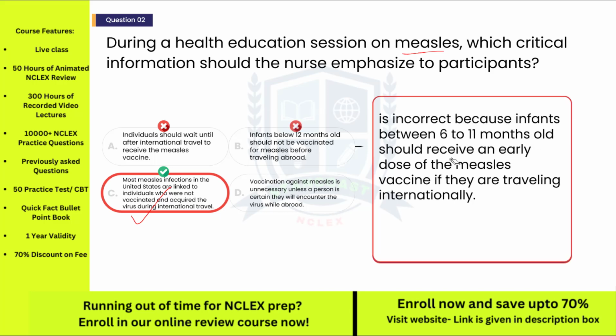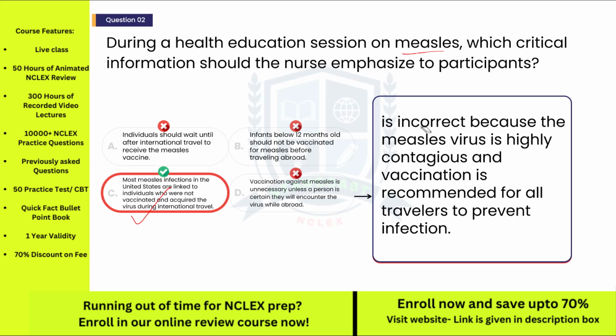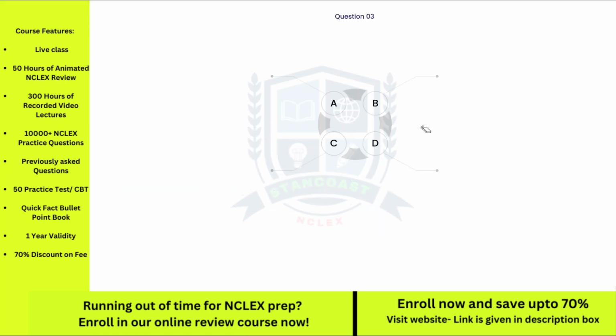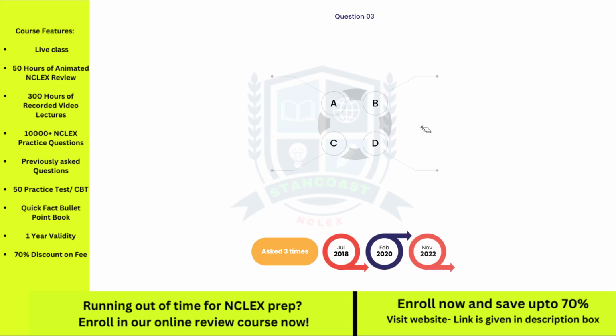Option B is incorrect because infants between 6 to 11 months old should receive an early dose of the measles vaccine if they are traveling internationally. Option D is incorrect because the measles virus is highly contagious, and vaccination is recommended for all travelers to prevent infection. Now let's transition to the next question, which is just as significant.